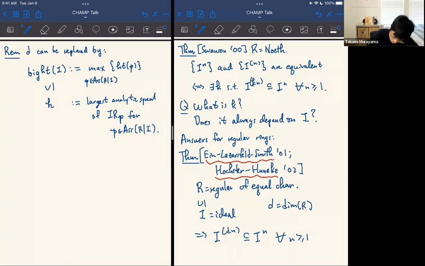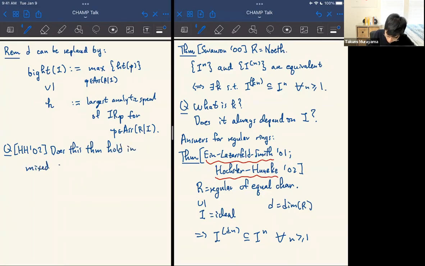Okay. And so what is the question I wanted to answer? So in their 2002 paper, Hochster and Huneke asked, does this theorem hold in mixed characteristic? In other words, does it hold if you don't assume that your ring contains a field?